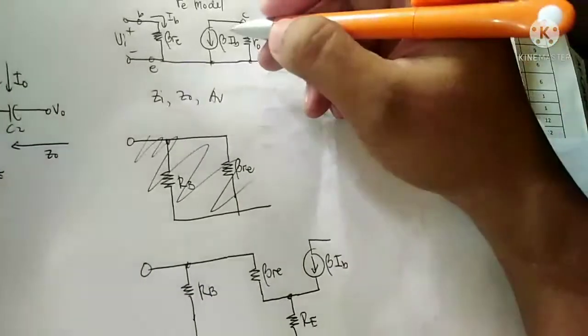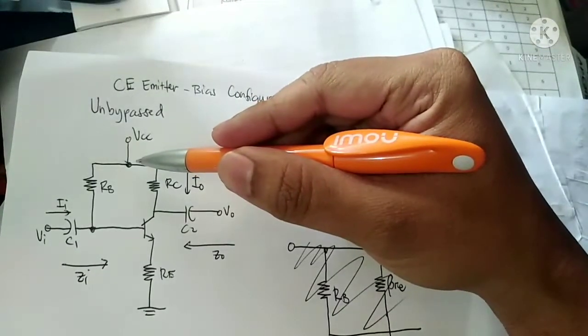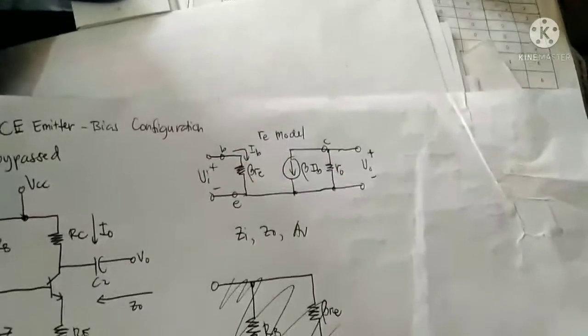And then RC. Since VCC is grounded, one side of the RC will be connected to the ground. In the re model, as you can see, there's an r sub o.